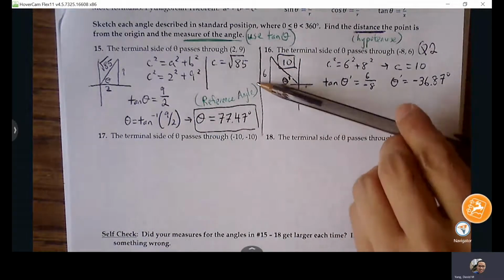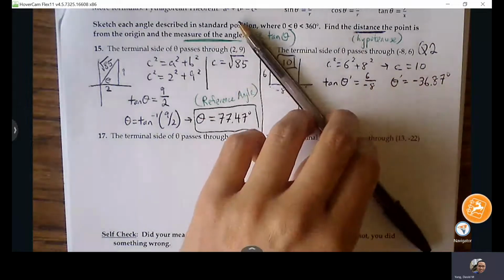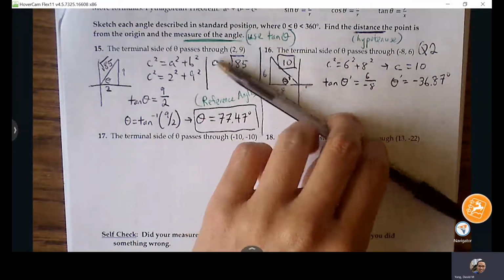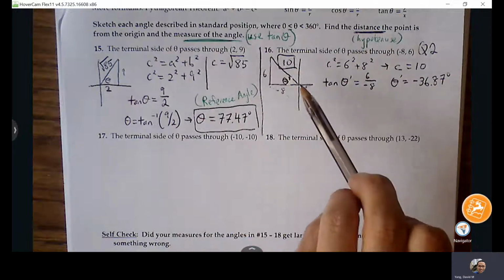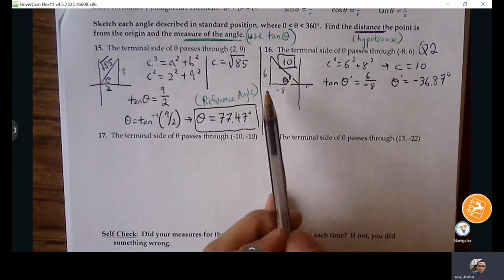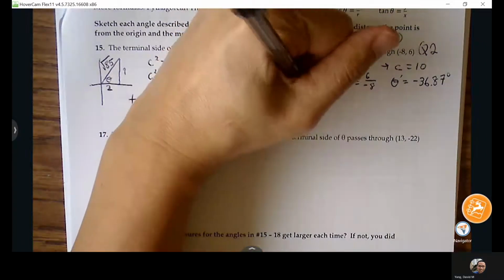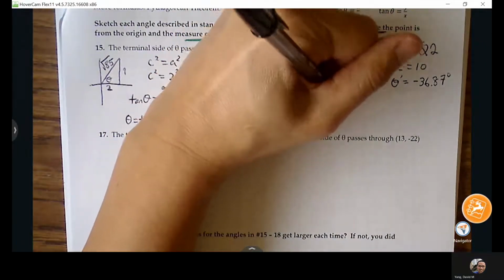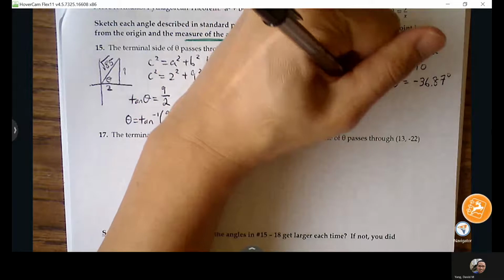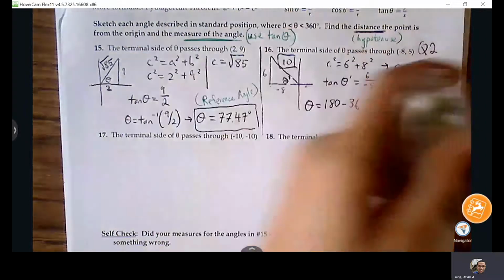That just tells us that we are having to subtract from 180 to get to this angle measure, right? We want to remember, these are just reference angles here. We always are going to have to add or subtract from 180 or 360 if we're dealing with the second quadrant, right? So here, what's 180 minus 36? So you guys get 143. Okay.